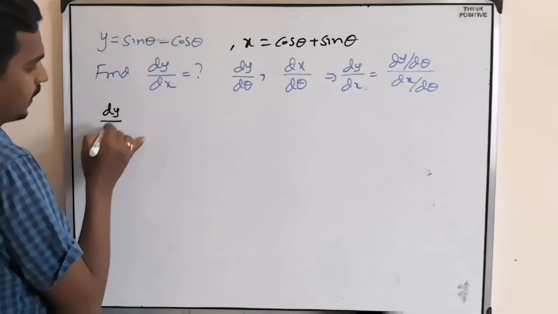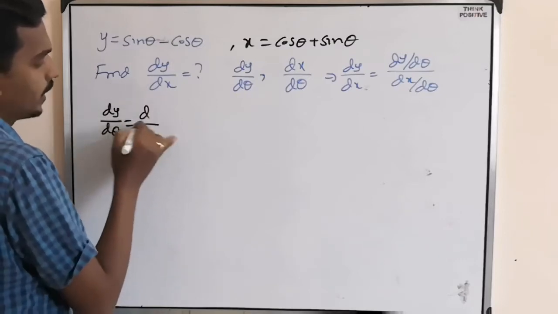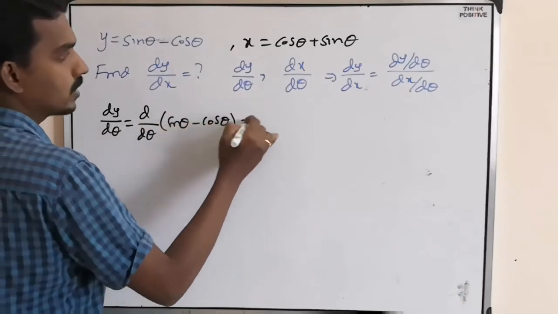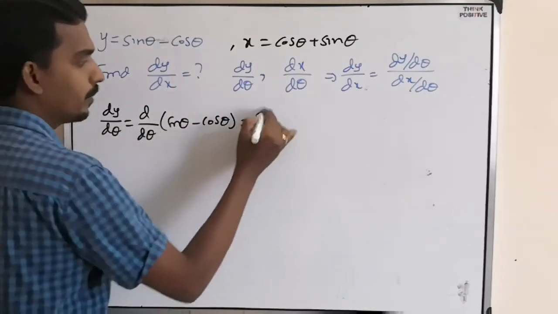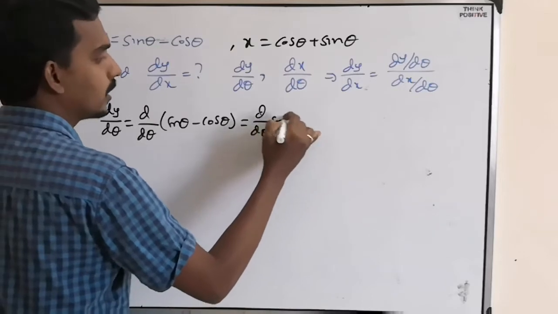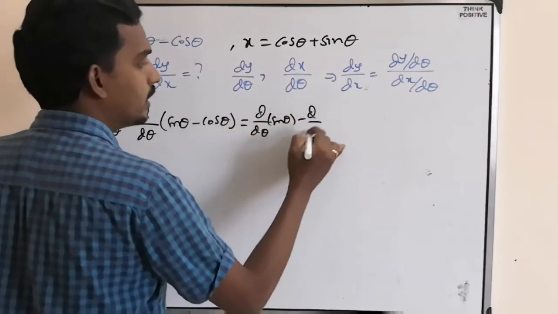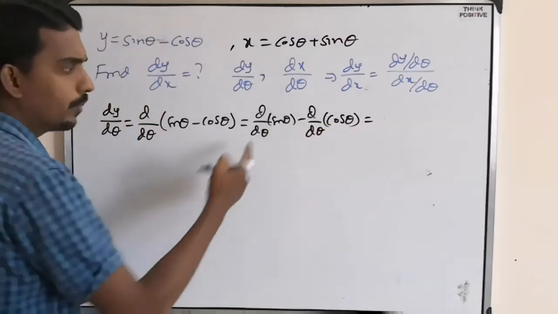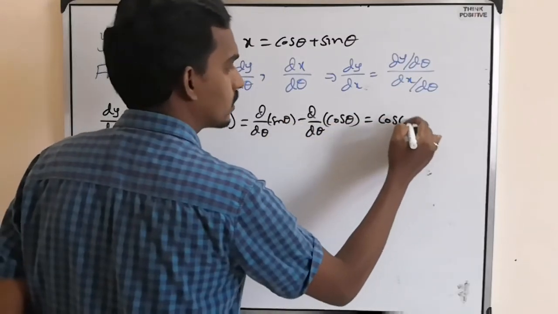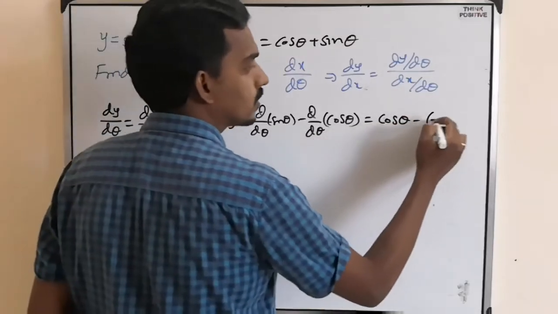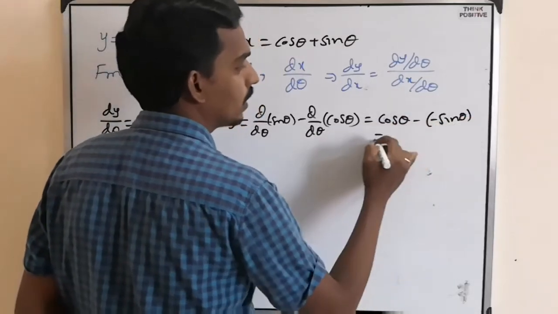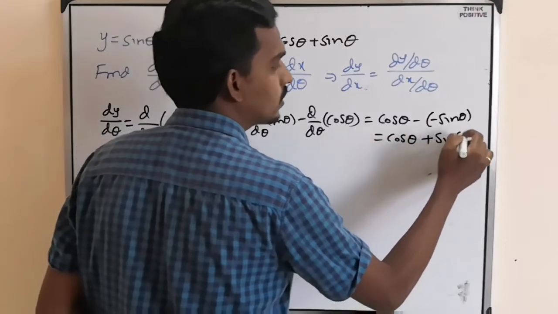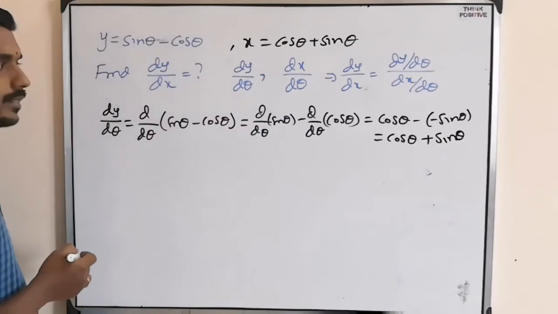So here, dy by d theta equals d by d theta of sin theta minus cos theta, which is the differentiation of sin theta minus the differentiation of cos theta. Differentiation of sin is cos, differentiation of cos is minus sin. So it becomes cos theta plus sin theta.